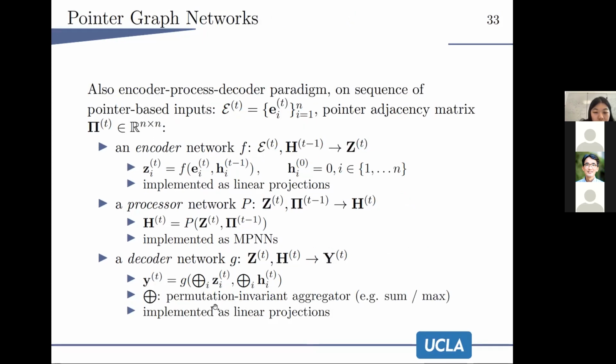Also, the decoder network involves some sort of aggregator. The encoder and decoder networks are implemented as simple linear projections. The processor network also uses message passing neural networks.